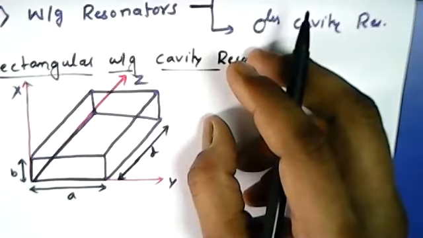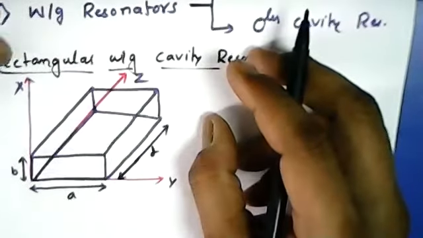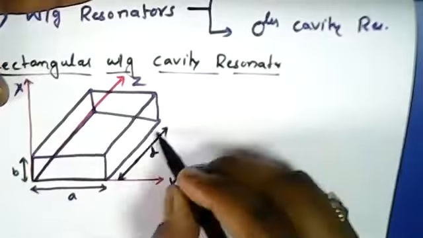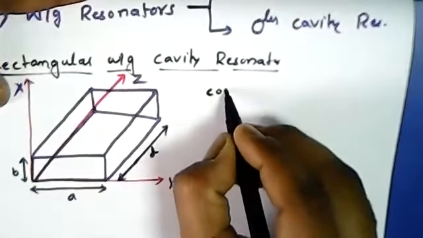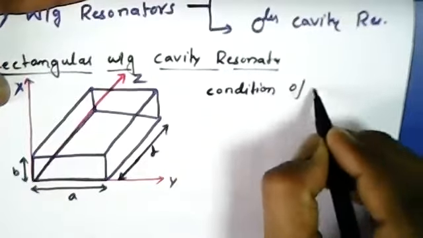After that, we will discuss the critical frequency, the resonating frequency. First, let me explain the condition of resonance.